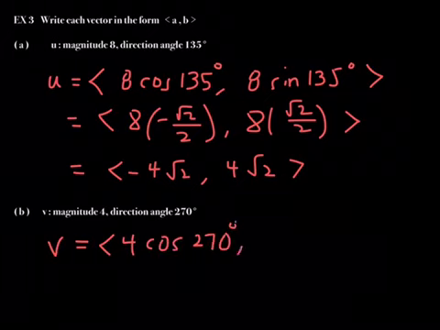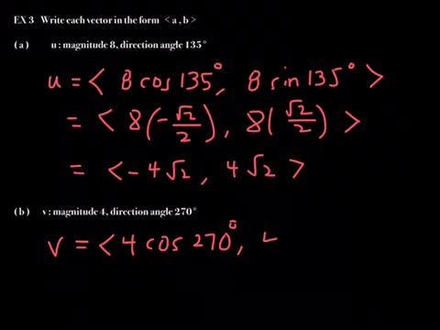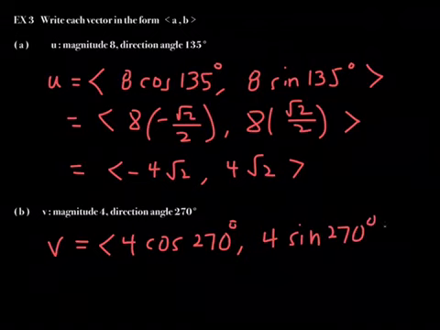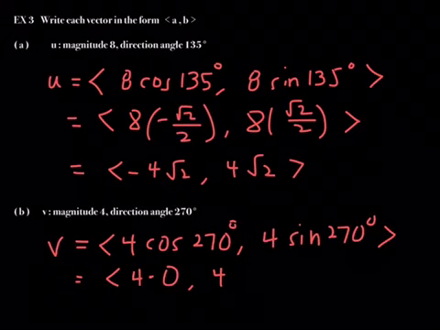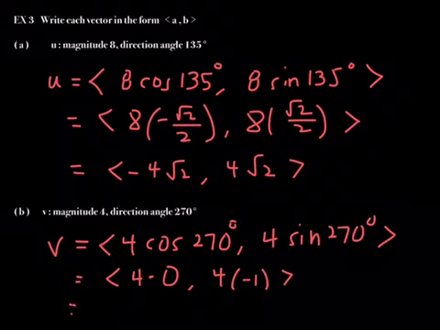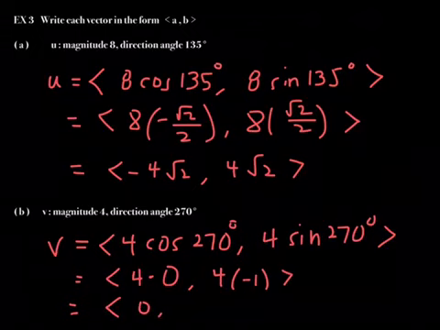The vertical component will be the product of your magnitude and sine of your direction angle. So like that. So then it'll be 4 times cosine of 270 degrees is 0, comma, 4 times sine of 270 degrees is negative 1. So then the notation for vector v will be 0, comma, negative 4. Cool.